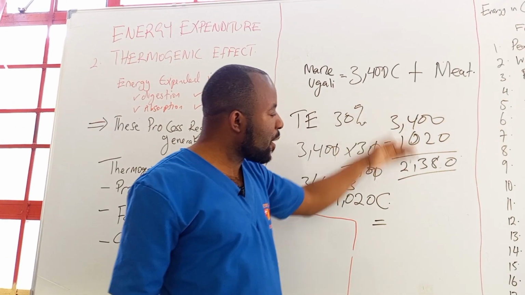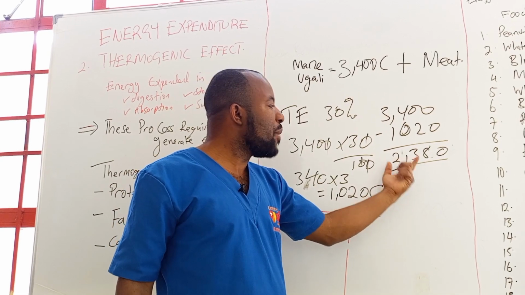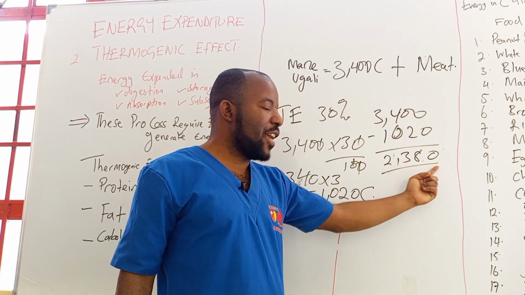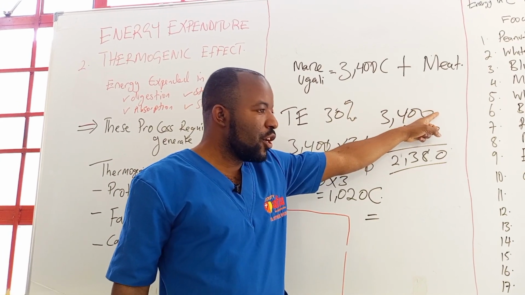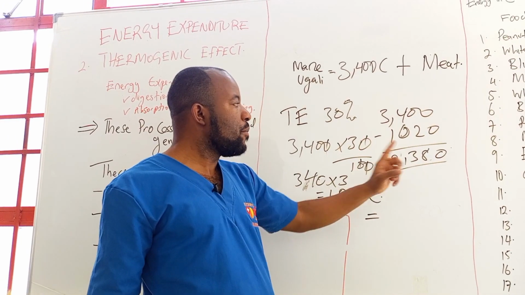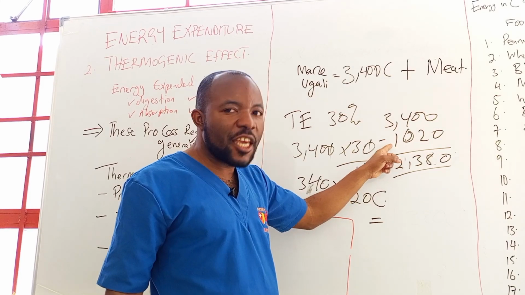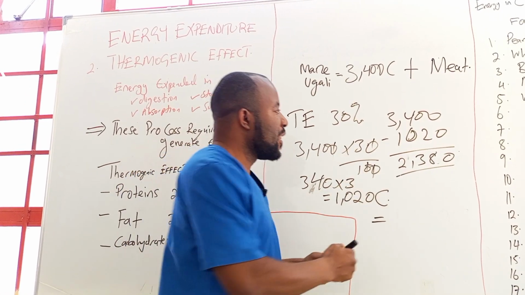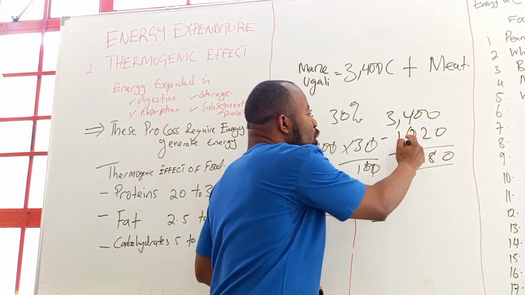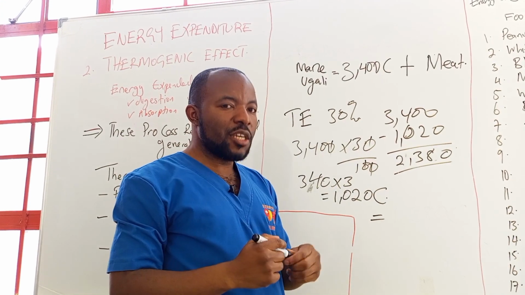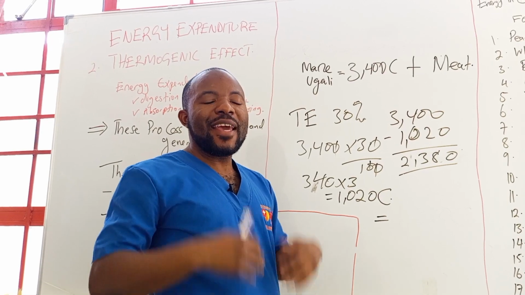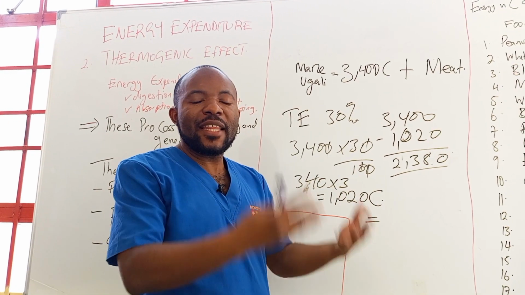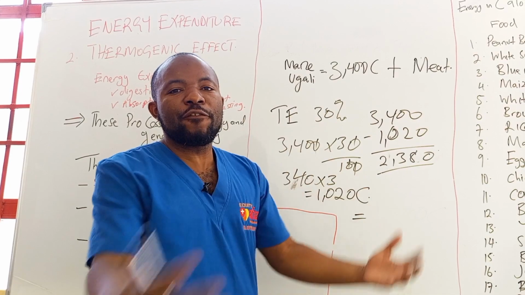So when we subtract, you realize that we remain with 2,380. The 3,400 calories total out of 1 kilogram minus the thermogenic effect, the energy that the protein is going to require to break down. It means that protein is required to break down energy. Therefore, they help you spend the energy you have taken in other foods.